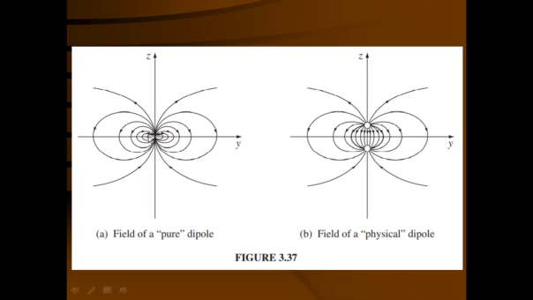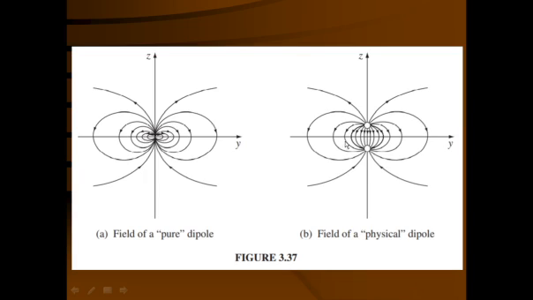But this is a pure dipole. You can say that the separation between the positive charge and negative charge is very, very small. That means d tends to 0 and q tends to infinity. That way the magnitudes are going to be the same. But this is the electric field due to the pure dipole.